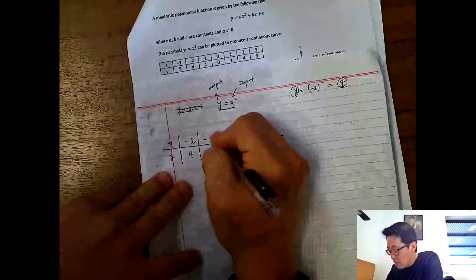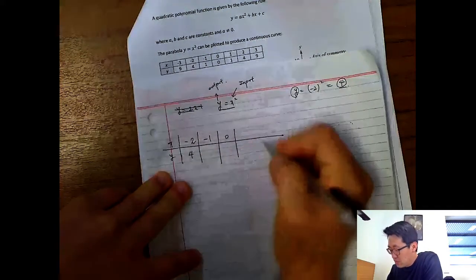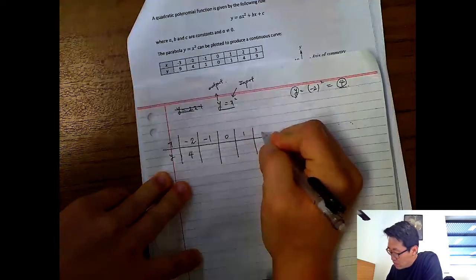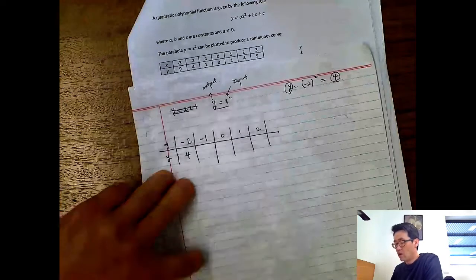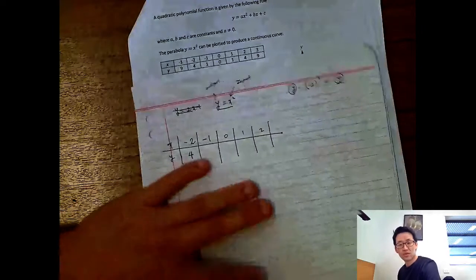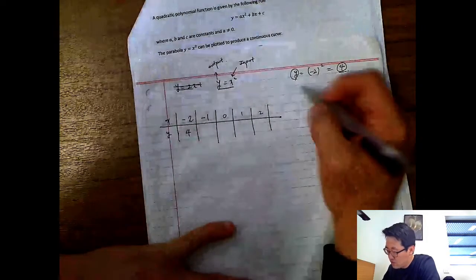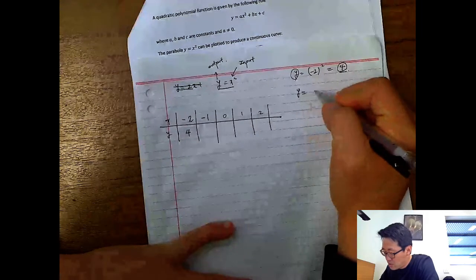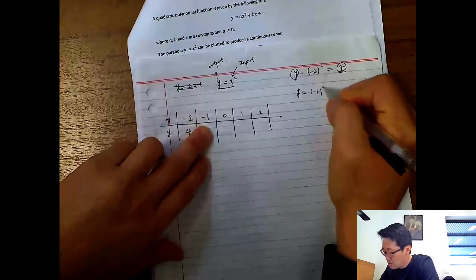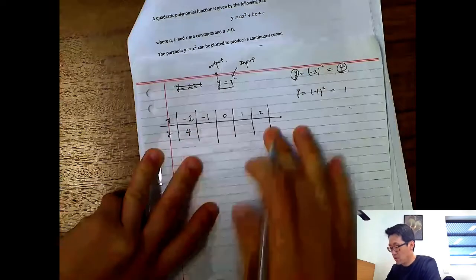Let's just go one by one: minus 1, 0, 1, 2. I'll let you do that. Can you plug in each number? So y equals minus 1 squared, which is 1. Can you continue that?